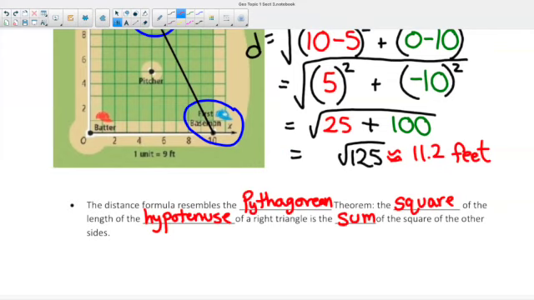The other sides are A and B, right? A squared plus B squared equals C squared. So the distance formula is very similar to the Pythagorean theorem. The distance formula is derived from the Pythagorean theorem.